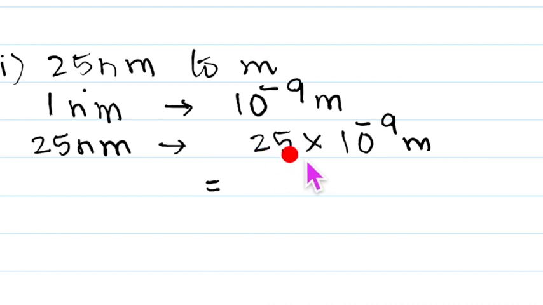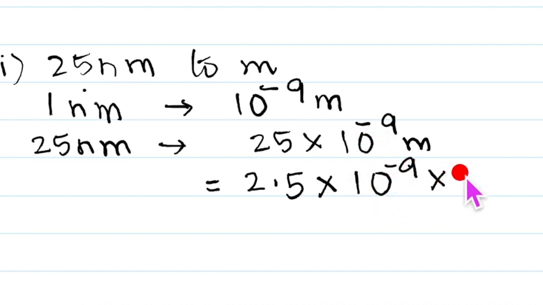When we are presenting a number like this, we do not write 2 digits, we'll write 1 digit and a decimal. This is the standard international format of representing numbers like this. So 2.5 we get because we have divided 25 by 10, correct? So here we will multiply it by 10.